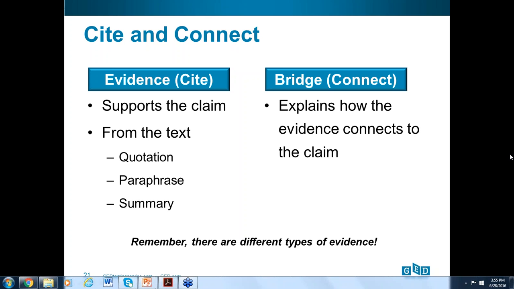So we are with citing and connecting evidence, and we put that together because, as we said previously, what GED Testing Service is seeing is that finally our students are beginning to be able to cite evidence. The problem is they're not connecting or explaining how that evidence connects to the claim.